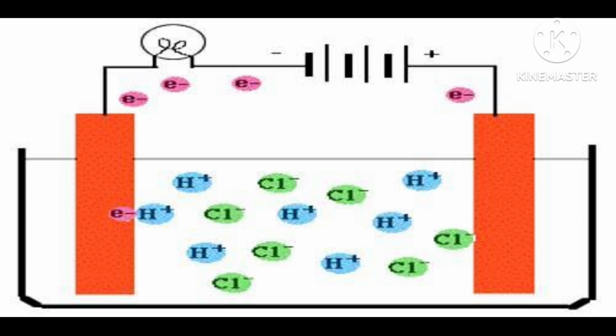If you introduce electrodes and pass current through it, that is, apply voltage, then ions will move to the opposite charge: the positive ion, called cation, will move to the negative electrode, and the negative ion, called anion, will move to the positive electrode.